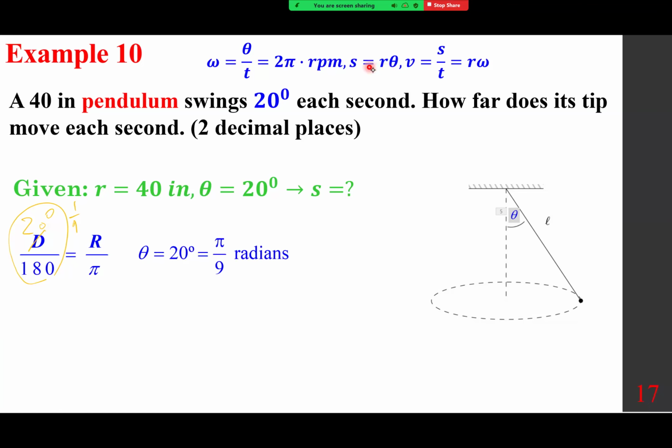S equals r theta, 40 times that. 40 pi/9 is an exact answer, and this is a rough estimate. Units of distance would be units of the radius.